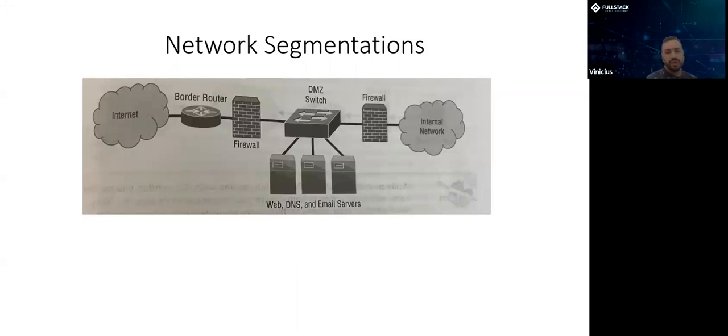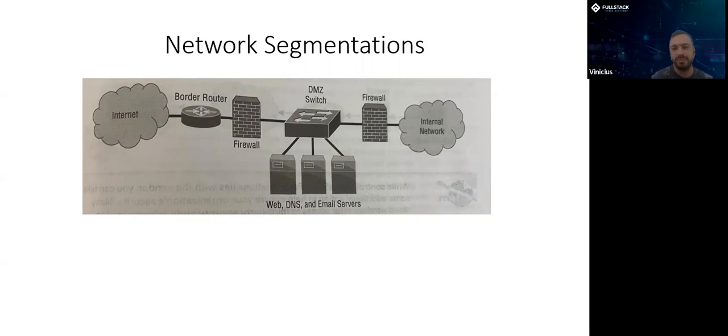And what about this one? We have two firewalls now. One firewall is basically a filter for the DMZ, and then we have another firewall being a filter for the internal network. So basically it's doing the same thing that the previous one is doing.